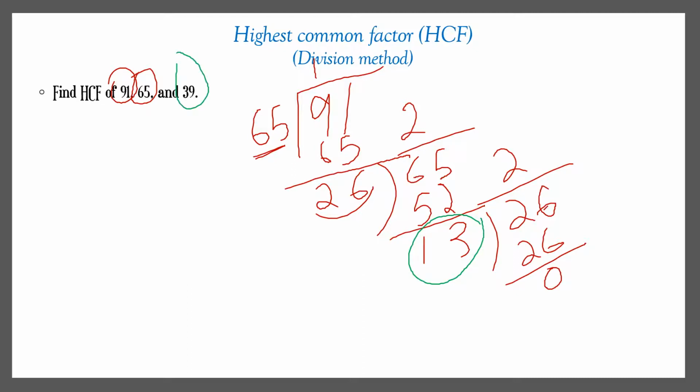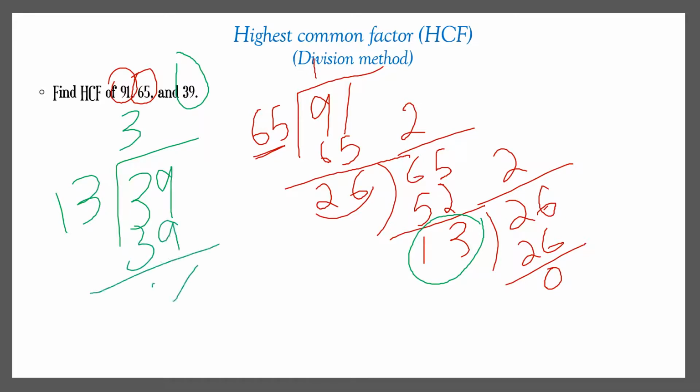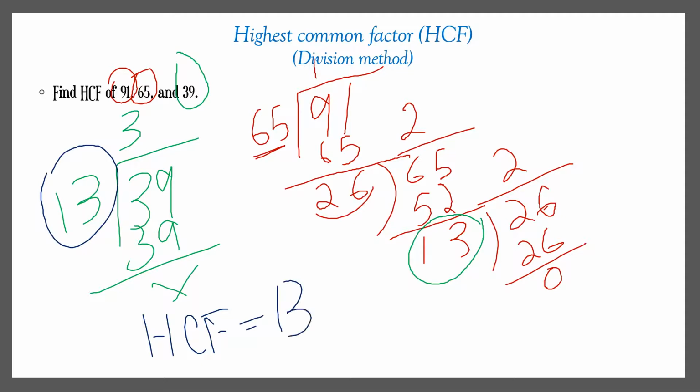Now we will make 39, which is greater, the dividend, and 13 the divisor. If you multiply 13 with 3, we get 39. The remainder is 0 and the last divisor is 13. So 13 will be the HCF of 91, 65 and 39.